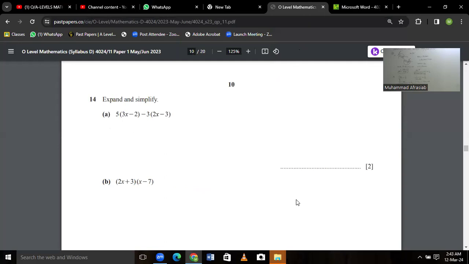Question number 14 now. Expand and simplify 5 into 3x minus 2 minus 3 into 2x minus 3.